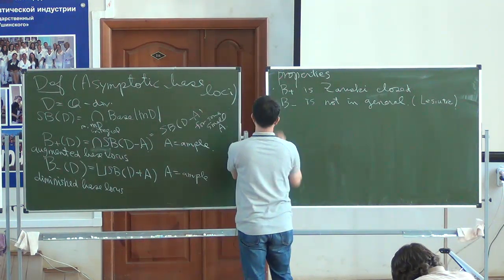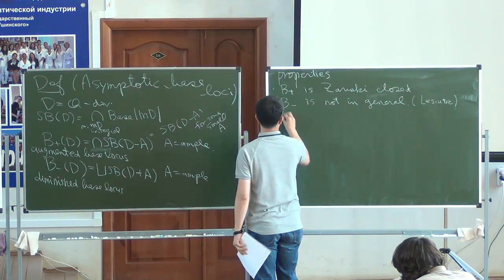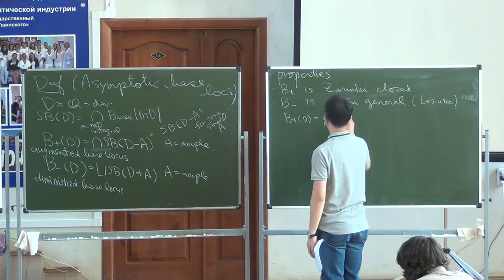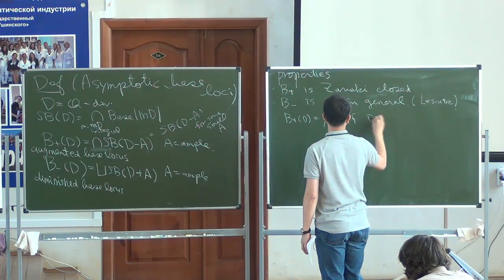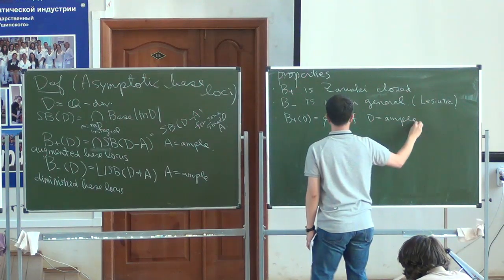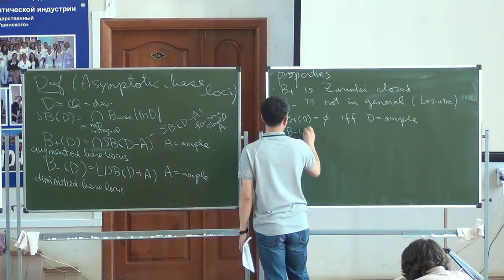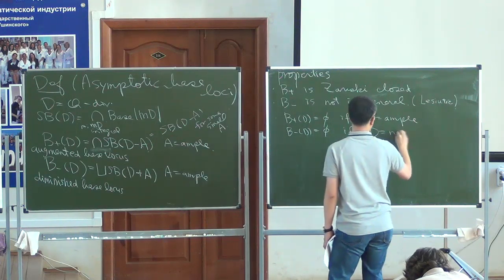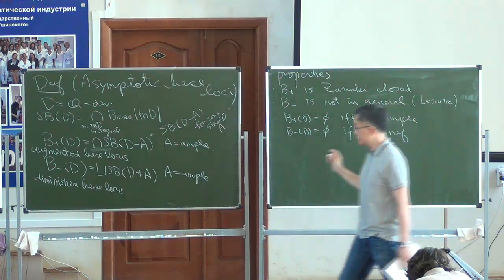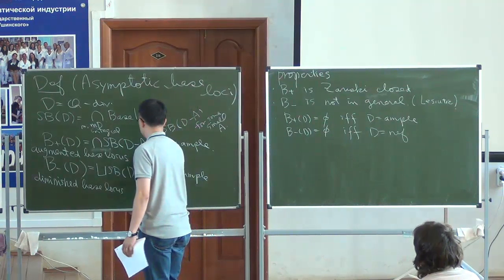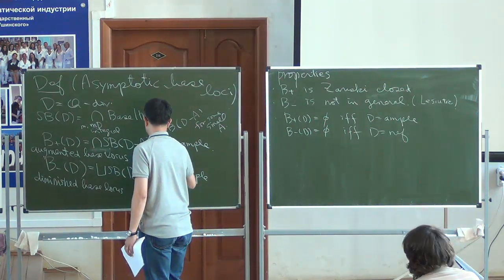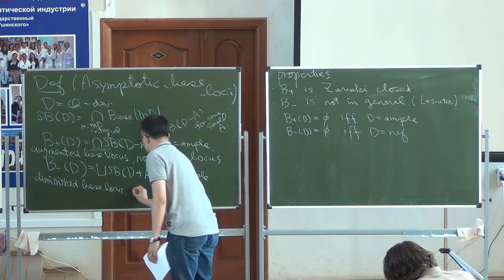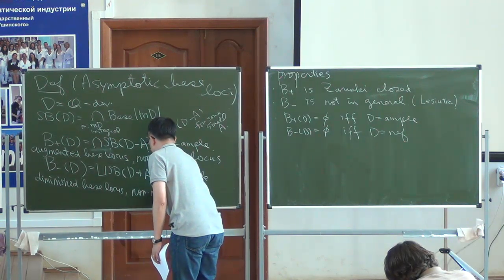And the other one is B plus is empty if and only if D is ample, and B minus is empty if and only if D is nef. Sometimes this is called the non-ample locus, and sometimes this is called the non-nef locus.